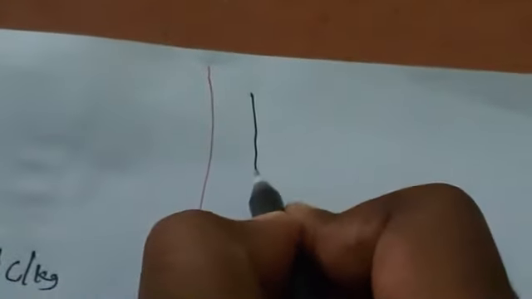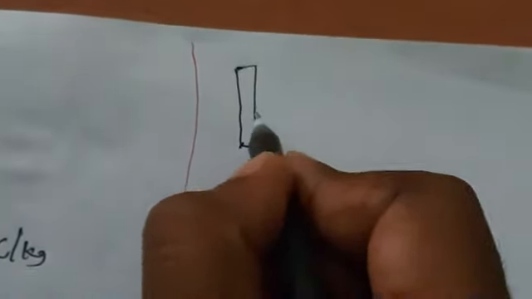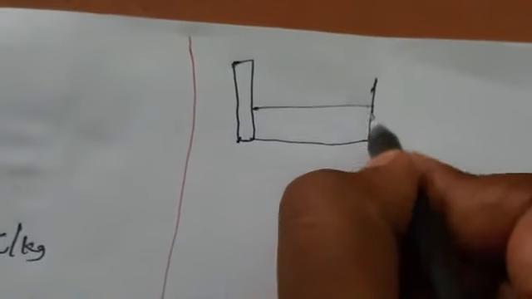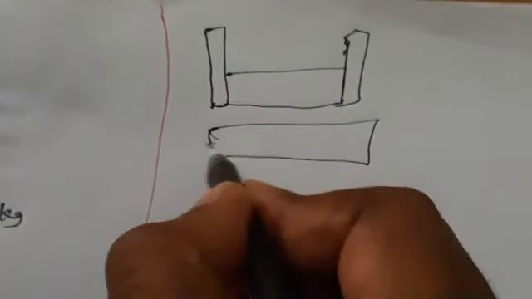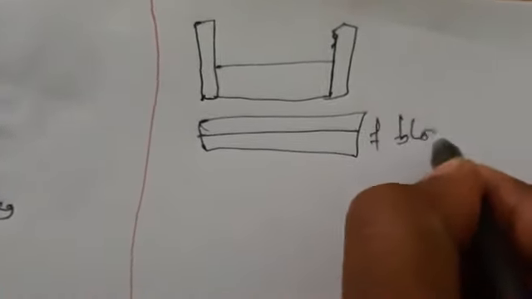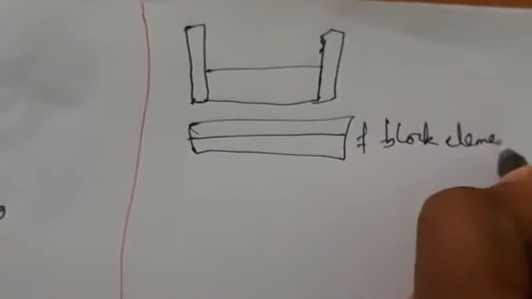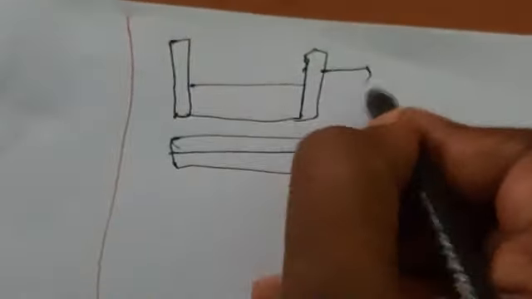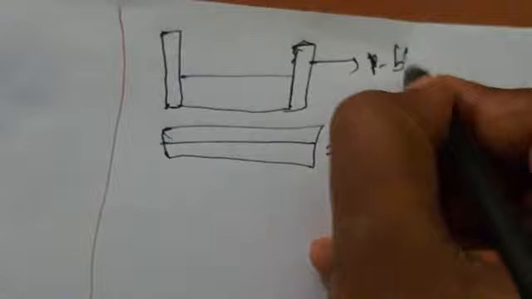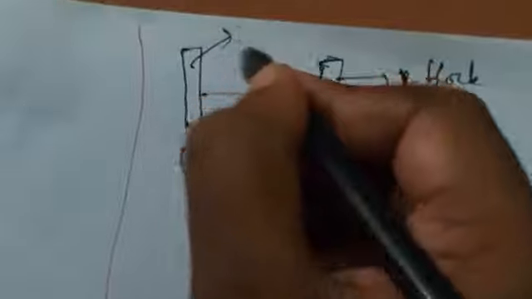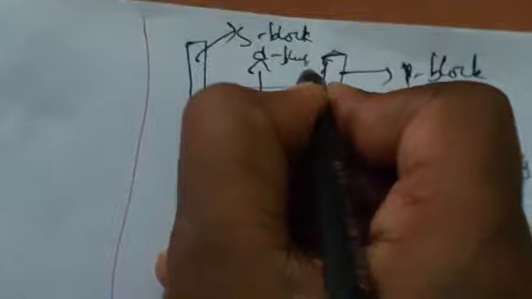On the left side we have S block elements, in the middle D block elements, on the right side P block, and downside F block elements. This one we call F block elements, this one P block elements, this is S block and this is D block elements.